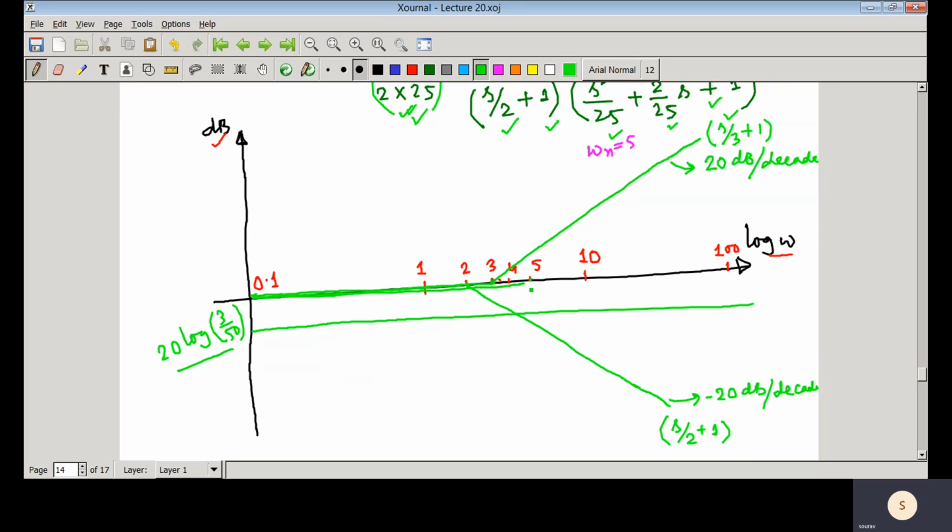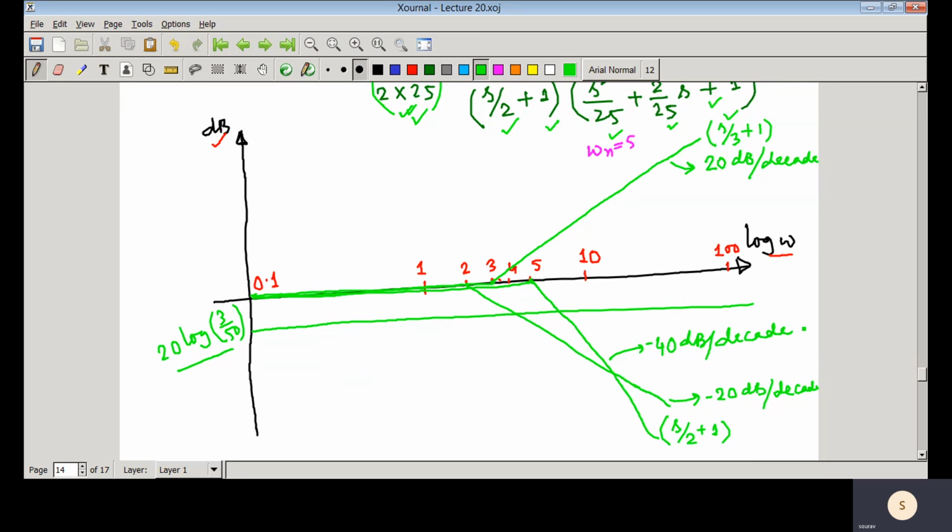So up to 5, and then the slope would be different because that slope is 40 dB per decade. Here that is in the denominator, so the slope is 40 minus 40 dB per decade.